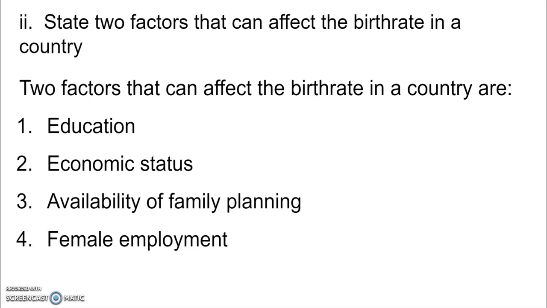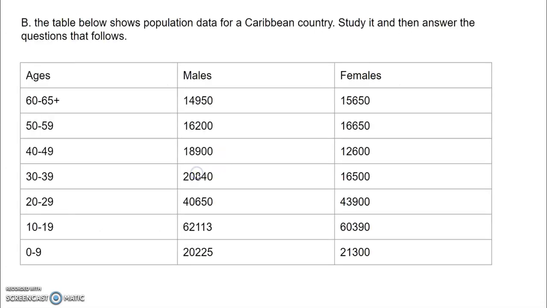Two factors that can affect the birth rate in a country are 1, education, so we have more women acquiring higher education; 2, economic status; 3, availability of family planning; 4, female employment. And as I said before, there are many other factors that affect the birth rate in a country. I've just given you 4 of such factors.